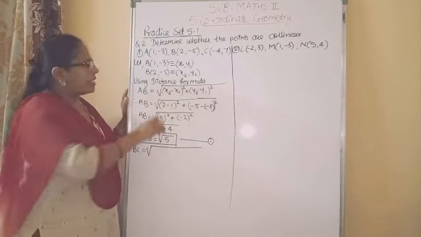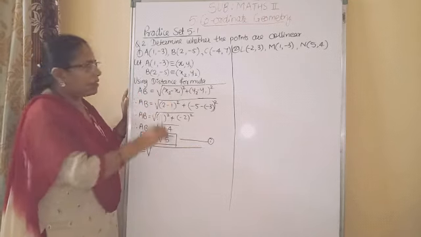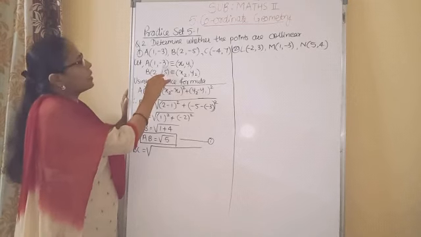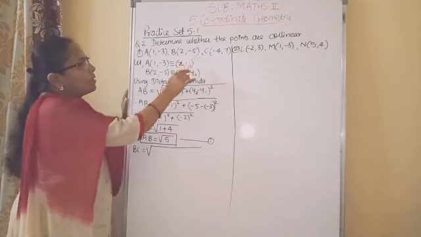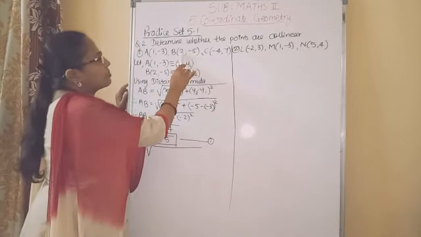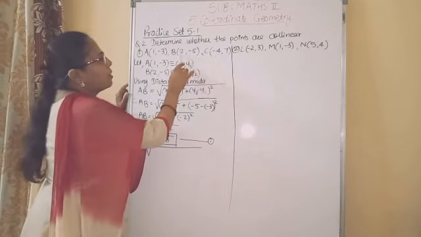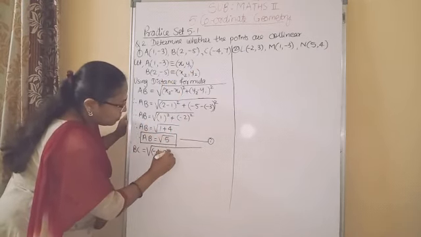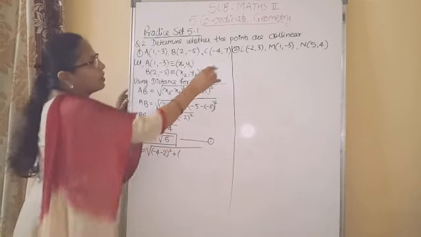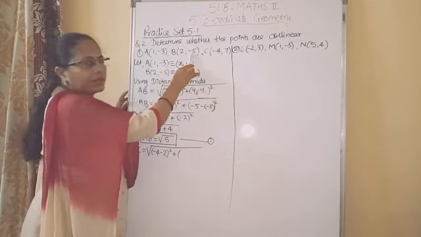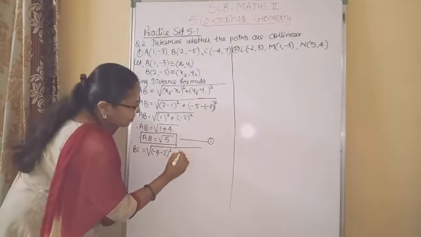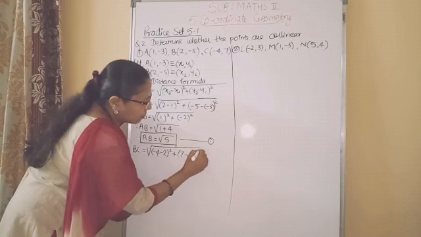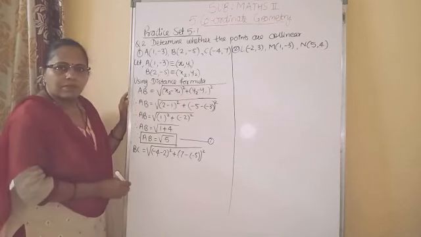Now we will not write the formula here again and again. Now we know that (x2 minus x1) bracket square plus (y2 minus y1) bracket square. So according to that, here x2 minus x1 is minus 4 minus 2, plus (y2 minus y1) square, 7 minus minus 5, bracket square.